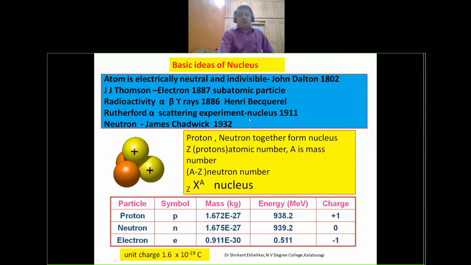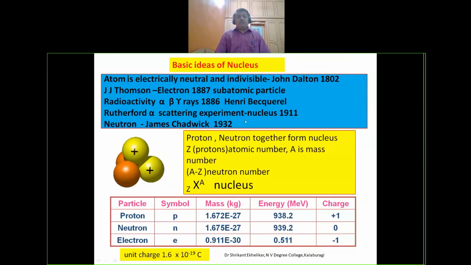Not the details of the experiment, but the results of the experiment are very important. From the conclusion of Rutherford's alpha scattering experiment, the birth of nuclear physics started. The word nucleus was used for the first time in the year 1911 by Rutherford, as a conclusion of the alpha scattering experiment.